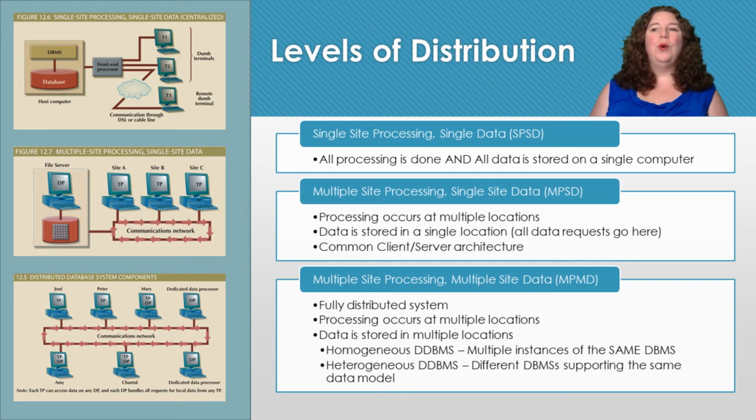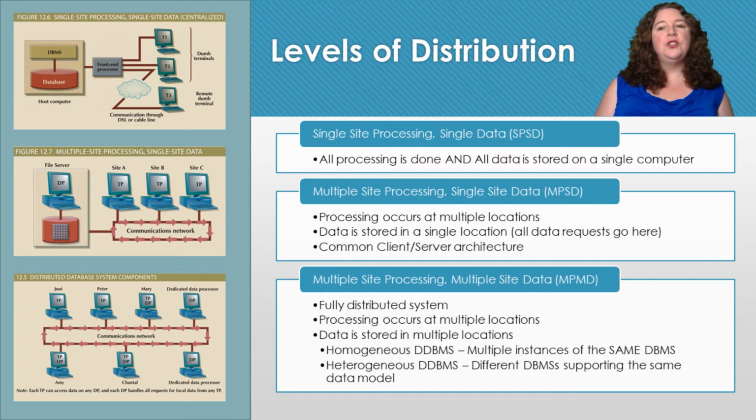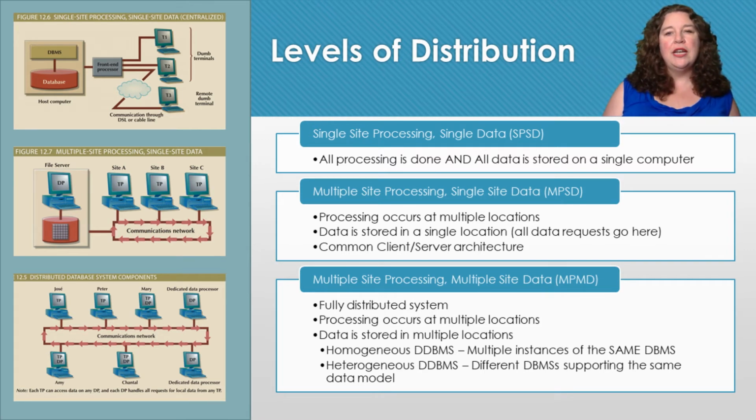Now, when we get into a distributed database system, not distributed processing, distributed database, we can have multiple transaction processors, we can have a dedicated data processor, but we can also have data processors exist on some of our transaction processor computers as well. This is called fully distributed, meaning that the data processor that exists on the secondary and tertiary transaction processor computers is distributed.